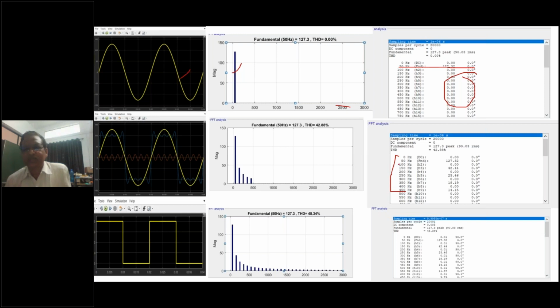These harmonics are there: fundamental, third, fifth, seventh, and ninth, and their magnitudes are given here, or you can see them as a bar chart. This is the analysis, and the actual waveform is like this.